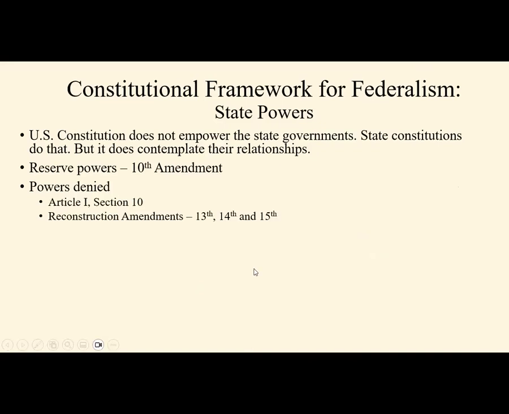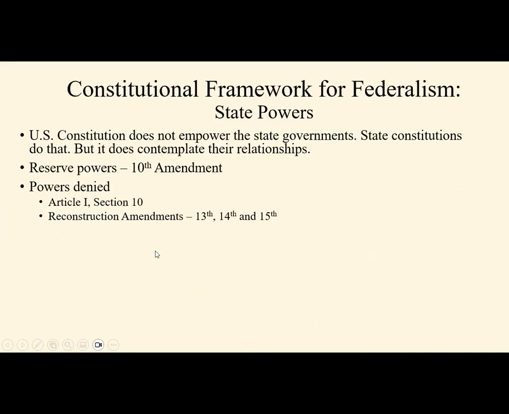But it also includes additional restrictions in Section 10 of Article 1 that are similar to the restrictions on the national government powers about bills of attainder and ex post facto laws. Those limitations are really protections of individual citizens put in place in Article 1, Section 10.